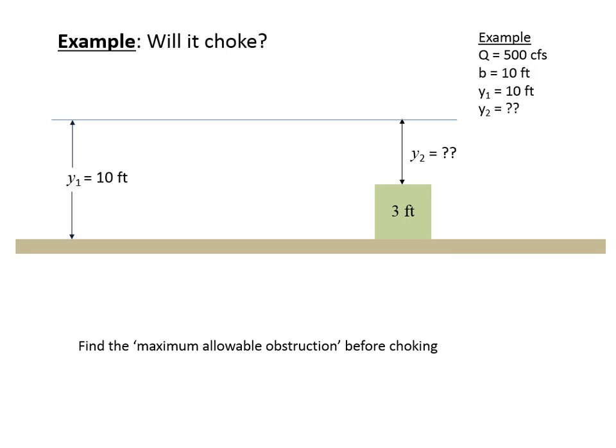And remember that the channel width is 10 feet and the flow depth is 10 feet, and so that's where this 100 feet of cross-sectional area is coming from.